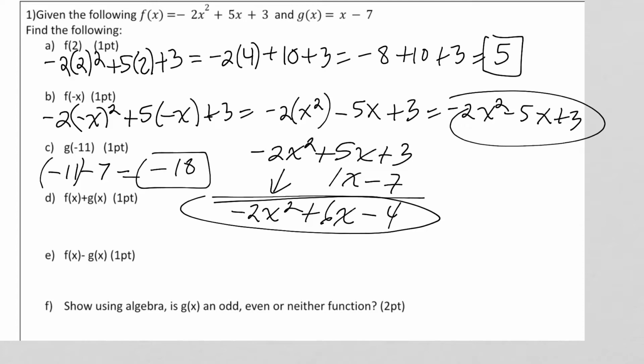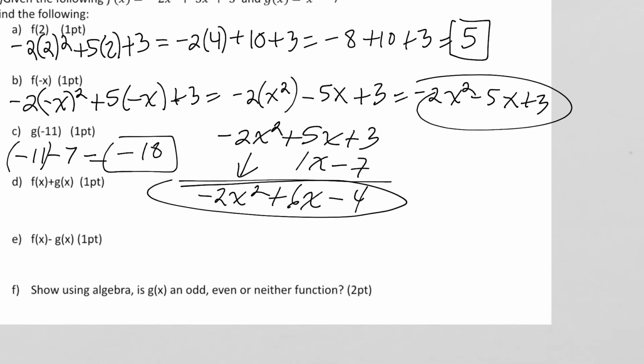For subtraction, for E, f of x minus g of x. So I'm going to put it over here. I have negative 2x squared plus 5x plus 3, and I am subtracting x minus 7. When I'm subtracting, this is going to become a minus.